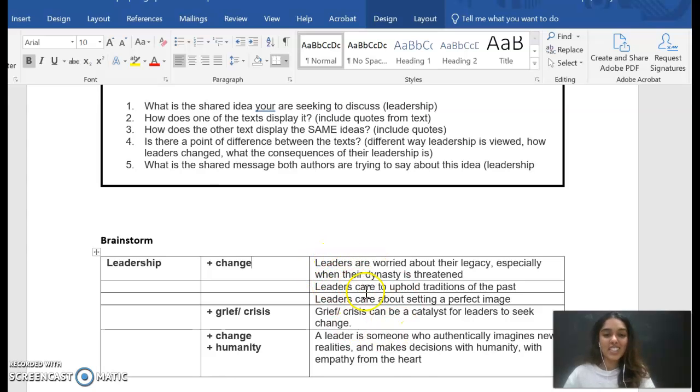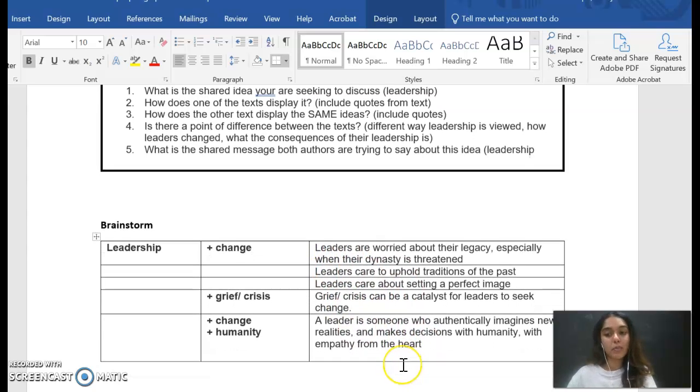Some of the ideas that I thought were really interesting that I might talk about in my paragraph are the following. Leaders are worried about their legacy, especially when their dynasty or their reign is threatened, or they're faced with a crisis. Leaders care to uphold traditions of the past.